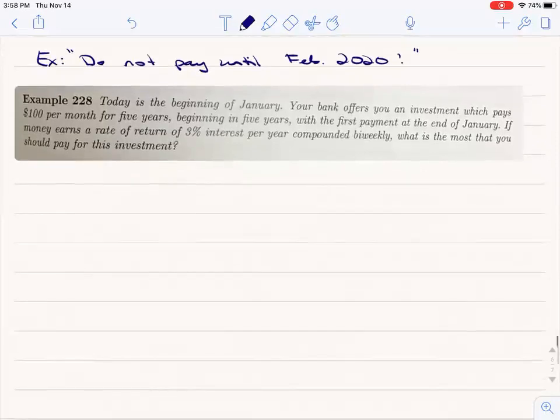So as per usual, I'm going to map out, see if I need to find I2 or just I1. I'm going to start with my compoundings per year, which is the same for both of these. So biweekly.